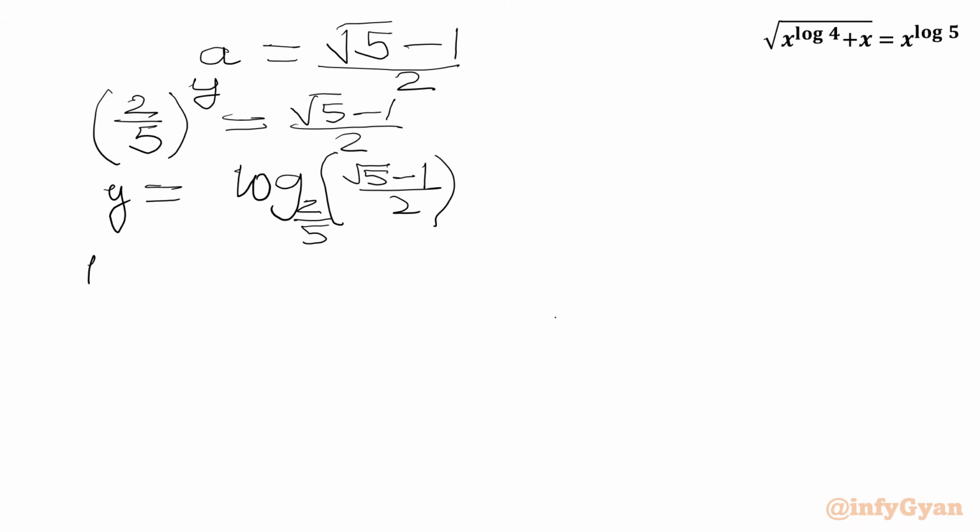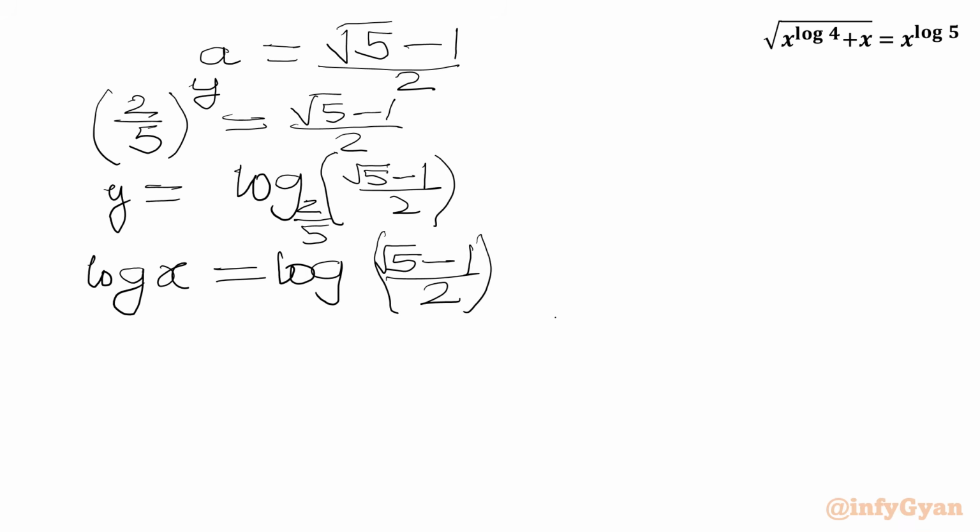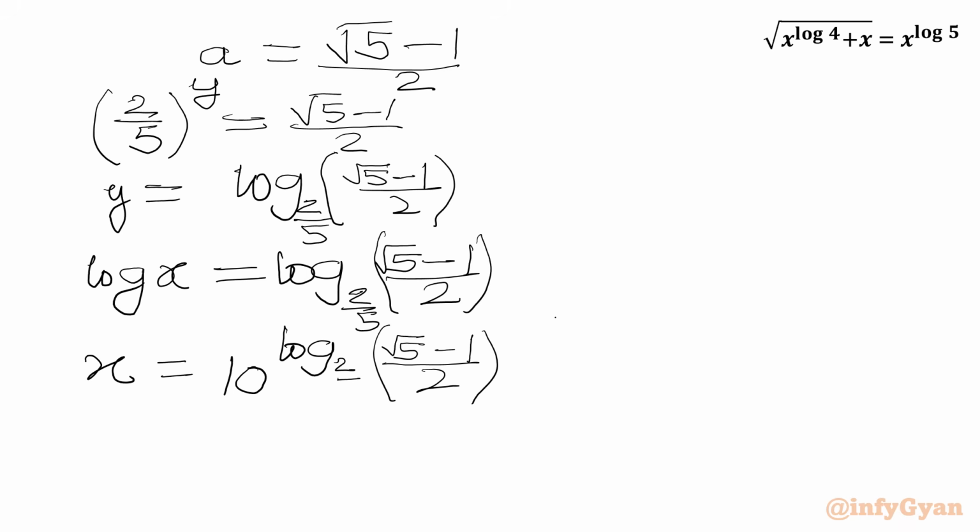So I can write log x equal to log of root 5 minus 1 over 2 with base 2 over 5. So x will become 10 raised to the power log of root 5 minus 1 over 2 with base 2 over 5. If we calculate the approximate value of x, it comes out to approximately 3.36.